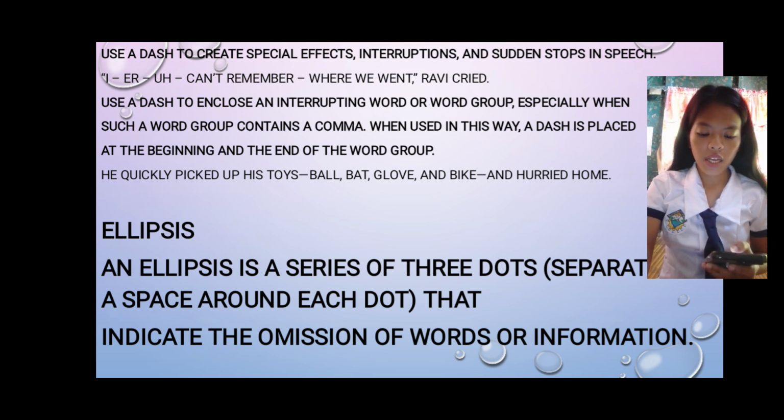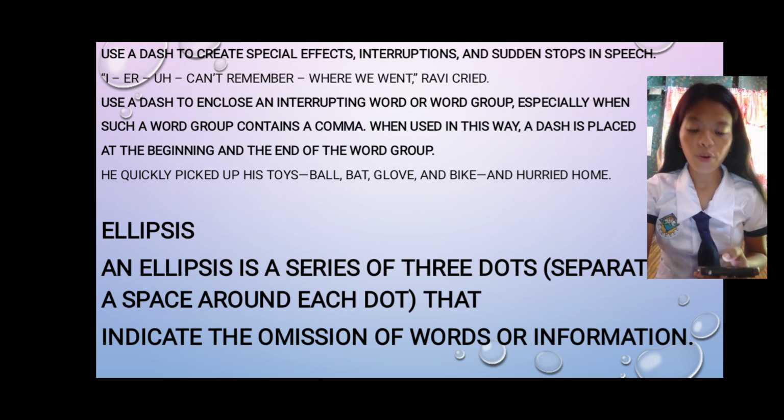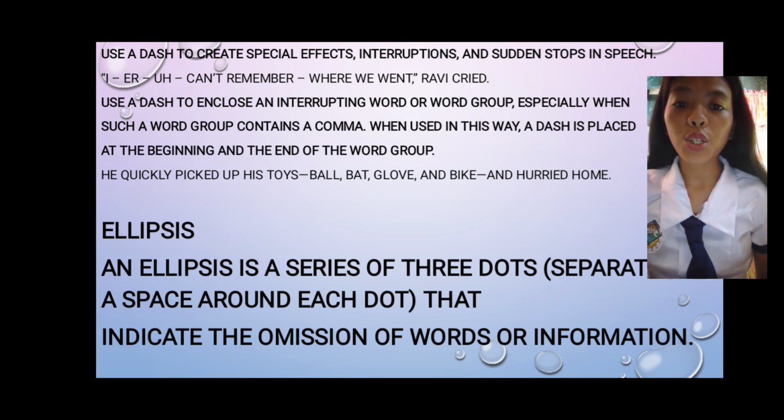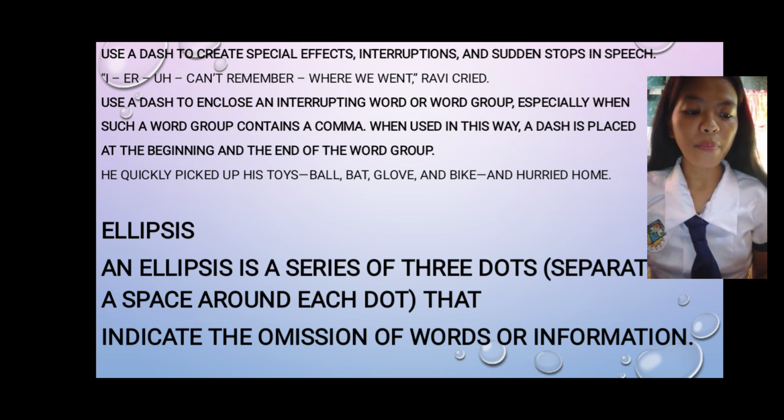Use a dash to enclose an interrupting word or word group, especially when such a word group contains a comma. When used in this way, a dash is placed at the beginning and the end of the word group. He quickly picked up his toys - ball, bat, glove, and bike - and hurried home.